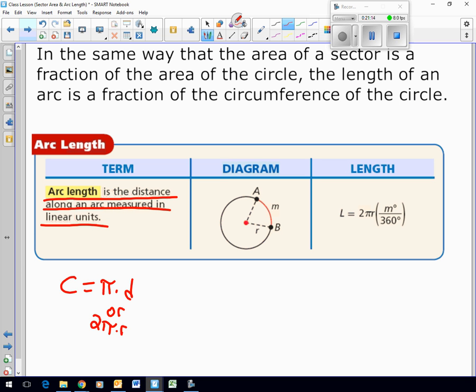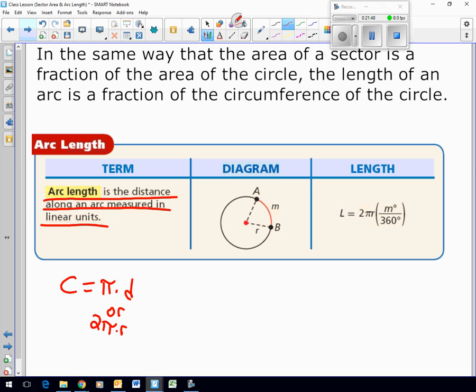C equals pi d, or C equals 2 pi r. Okay. The circumference of a circle is equal to pi times diameter or 2 times pi times radius. Why would it be okay to say 2 times pi times radius? Because 2 radius. What's the relationship between diameter and radius, guys? Radius is half the diameter. Diameter is twice the radius, correct?